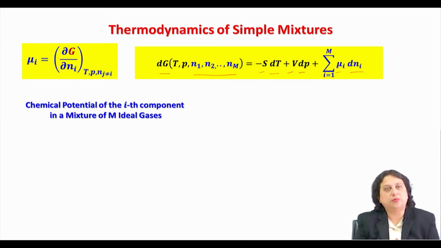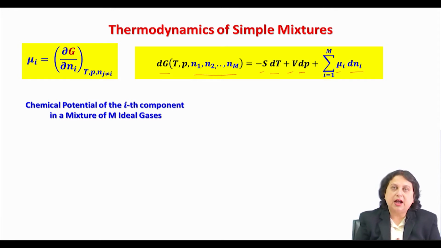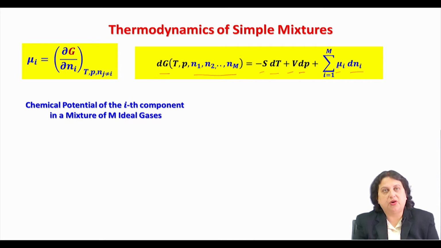Now, we have already talked about in this course how to estimate the chemical potential of the ith component in a mixture of capital M ideal gases. So basically the idea is I am looking at the properties of a mixture of M ideal gases and the mixture behaves ideally.